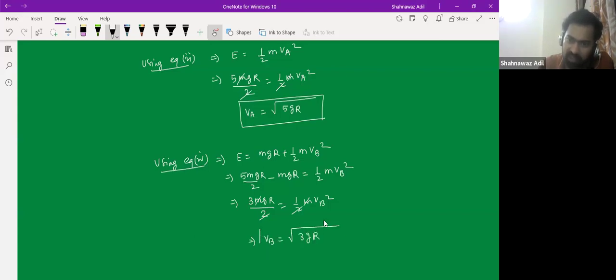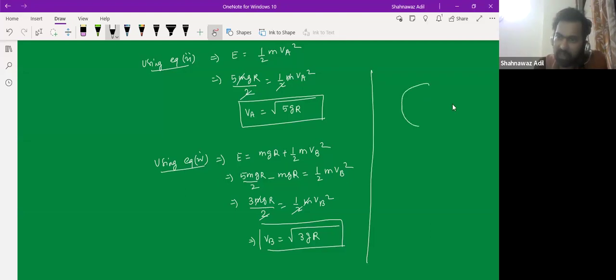So I have derived these things, but you guys have to remember. You have to make a short note, and you have to remember that at different places, right? So at this place, the velocity is simply root gr. At this place, velocity is simply root 3gr.